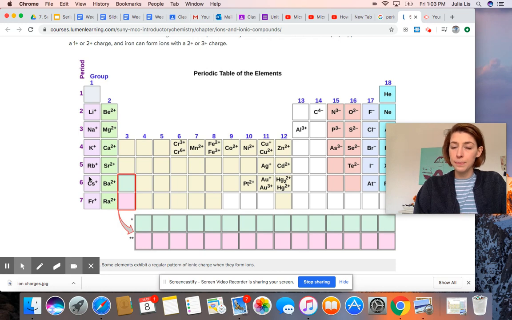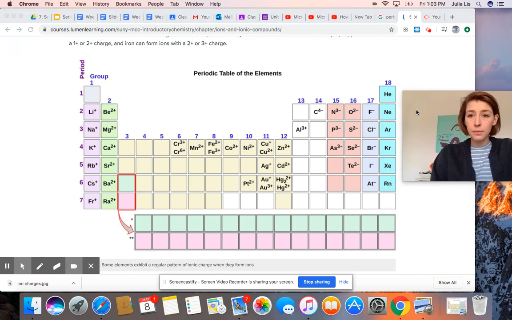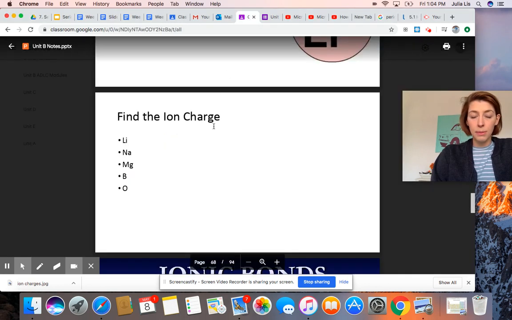They want to lose them. You'll notice that all these nonmetals like fluorine, chlorine, oxygen, and nitrogen are all negative. Nonmetals are very greedy and they like to gain electrons. So nonmetals are going to be gaining electrons while metals are givers and they're willing to lose their electrons and give them up to nonmetals. Okay, going back to our PowerPoint.